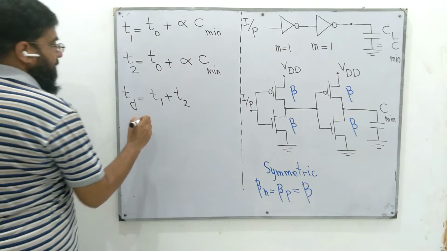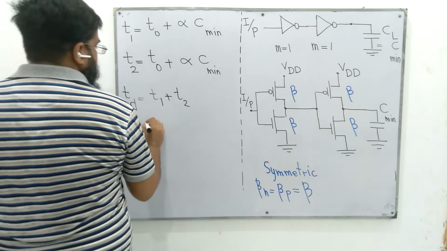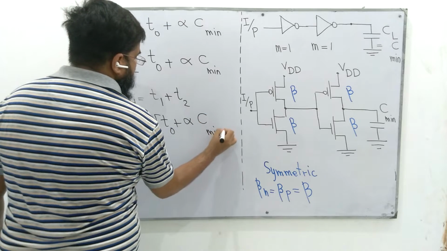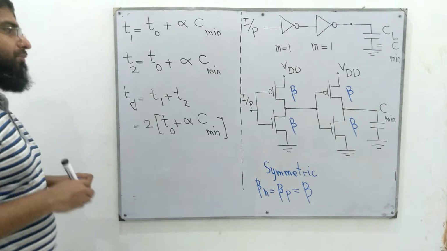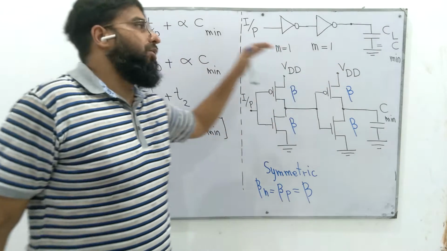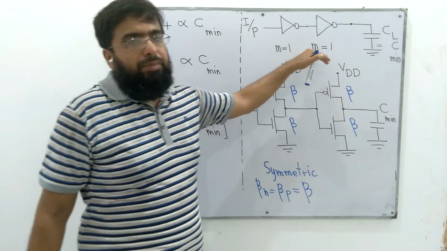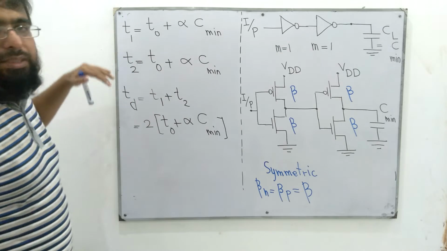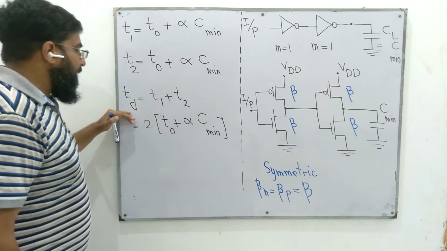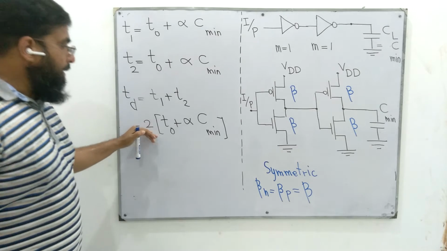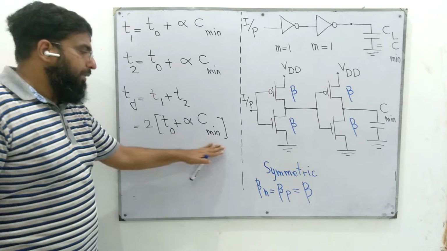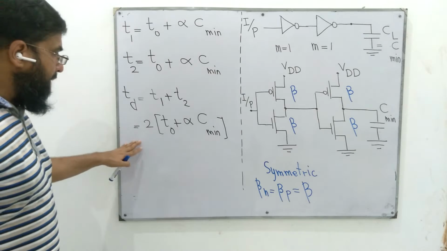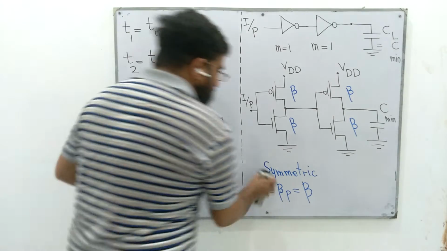The expression for T1 and T2 is the same, and you can write it as 2 times T naught plus alpha C minimum. So if we have all gates that are NOT in a chain with the same scaling factor M equal to 1, they all offer the same delay, whether rise time delay or fall time delay. And total delay can be written as the number of gates in the chain times the delay caused by the first gate.